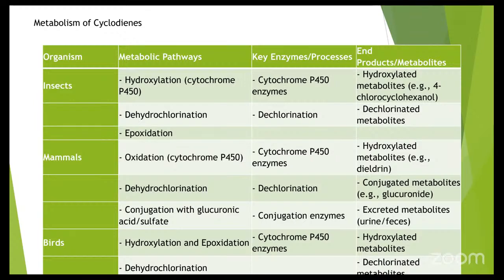Alpha endosulfan decomposes fairly rapidly, approximately 50% within 60 days, with the formation of endosulfan sulfate, which was found to be relatively more stable. Beta endosulfan was found to be much more persistent, approximately 50% remaining after 800 days, as compared to the other compound.